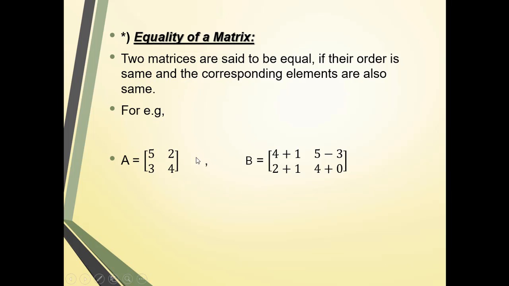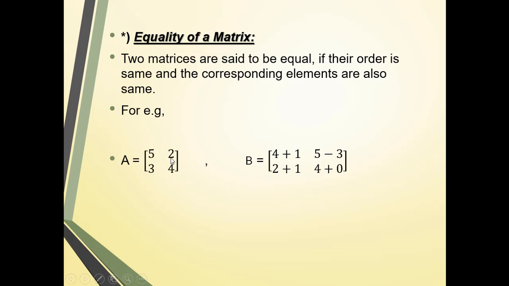If we see in both of these matrices, the first element, which appears in the first row and first column, is 5. In matrix B we have 4 plus 1, which is actually equal to 5, so these two values are the same.